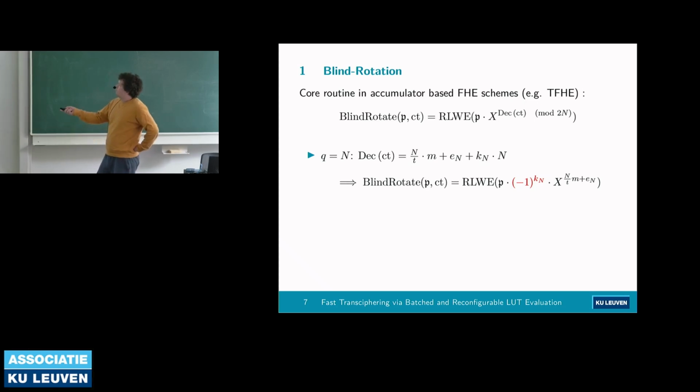So if we set our ciphertext modulus equal to n, so yeah, this n up here, then if you fully write out the modulus reduction, the decryption, and plug it in, what we'll see is, well, indeed, we have this polynomial times the monomial to the power of decryption, but we also have a random sign flip.